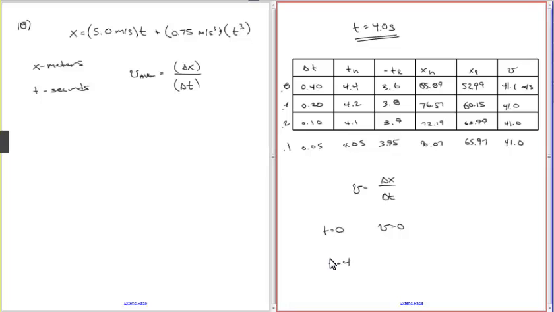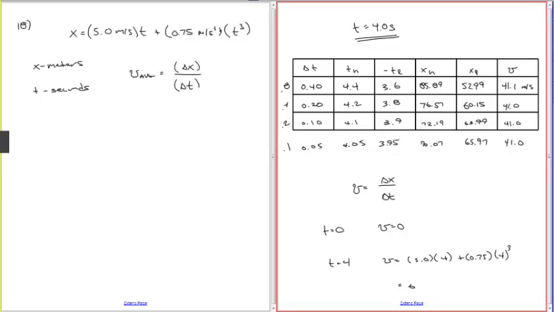And if you plug in t equals 4, you get 5 times 4 plus 0.75 times 4 cubed. Actually, I can just look at my table. We get 68.